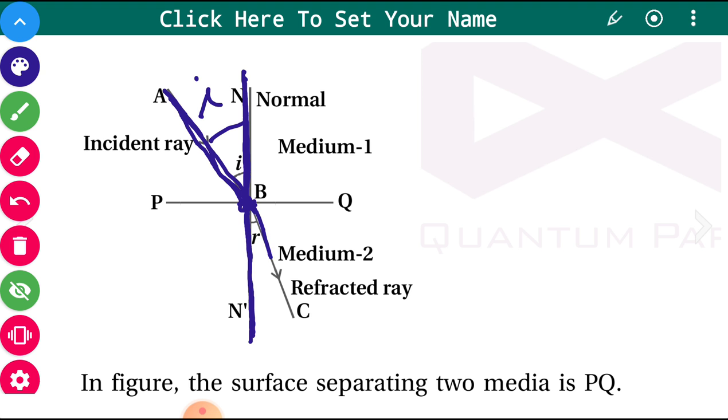Then this is the refracted ray. The refracted ray makes some angle with the perpendicular, called the angle of refraction. So in this particular figure, angle ABN is the angle of incidence, and angle N'BC is called the angle of refraction.